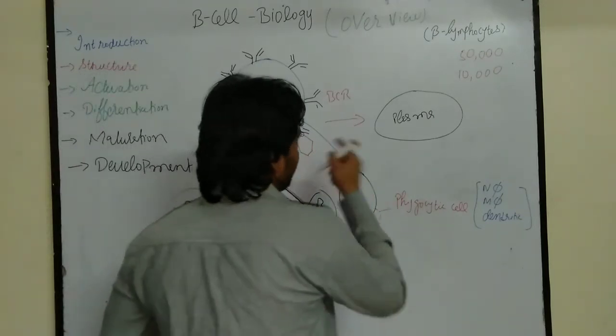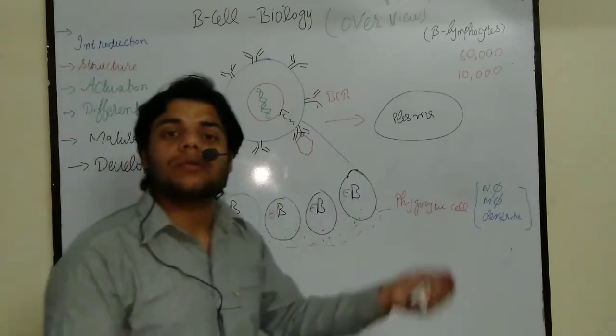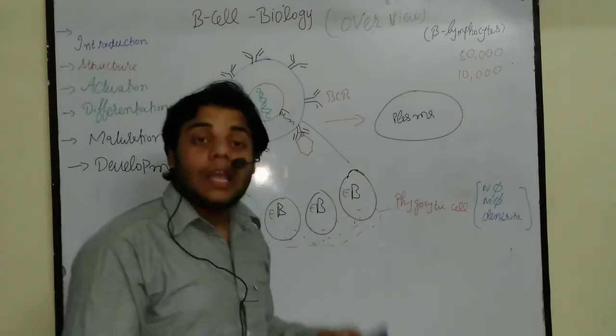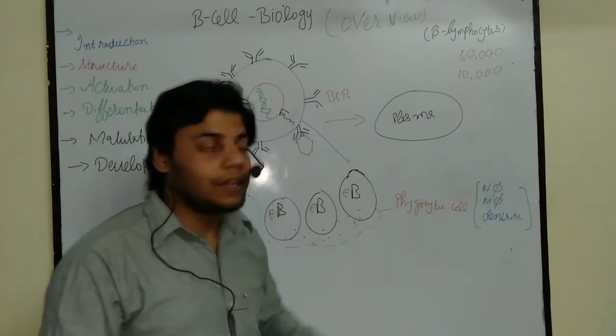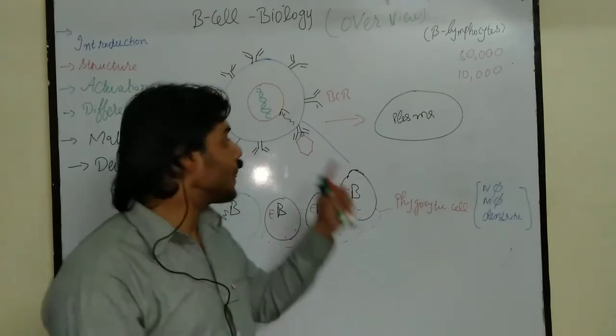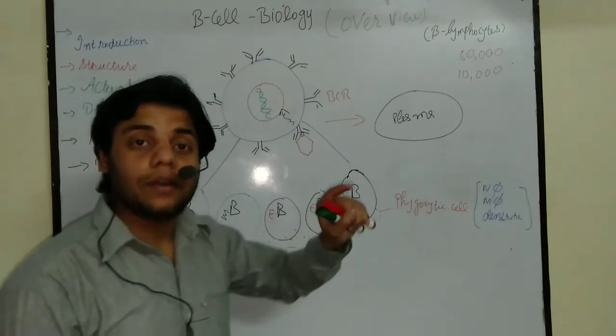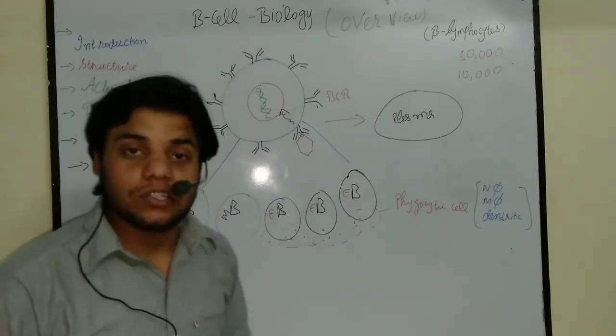If this antigen requires IgG antibody, this plasma cell will produce IgG antibody. If this antigen requires IgM antibody for the killing, they will produce IgM antibody. Similarly, if this antigen requires IgA antibody for the killing, they will produce IgA antibody.